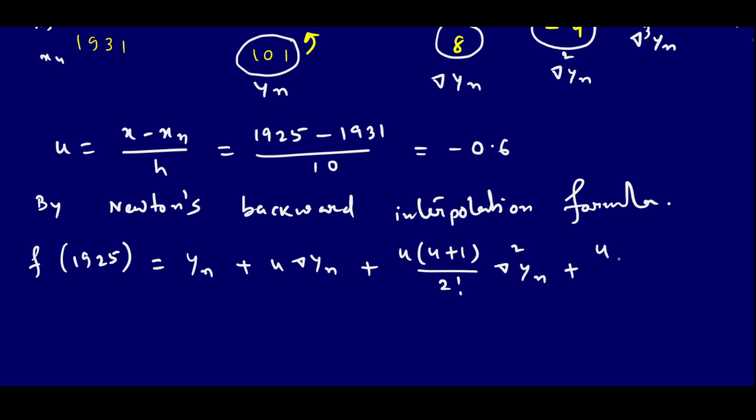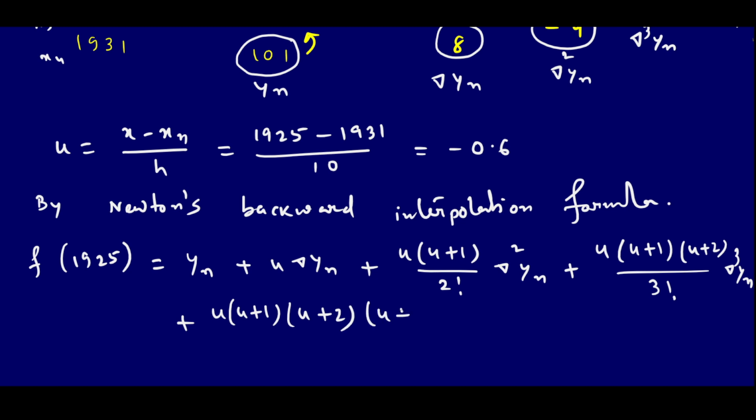Without writing the formula also, since we know all the values, we can directly write. Then u into u plus 1 into u plus 2 by 3 factorial nebula cube yn. One more time, u into u plus 1, u plus 2, then u plus 3 by 4 factorial, then nebula to the power 4 yn. All the values we know.